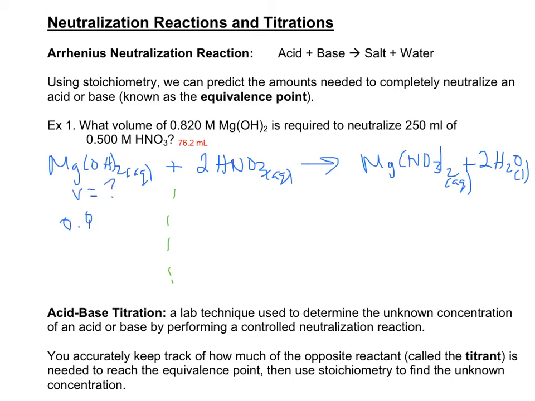And I'm just going to organize my numbers in the chart below. Because I have complete information about my nitric acid solution, the volume I used and the concentration, I can use C equals N over V to find the moles of nitric acid I used. Rearranged, it's going to be the concentration times the volume in liters will give me moles.